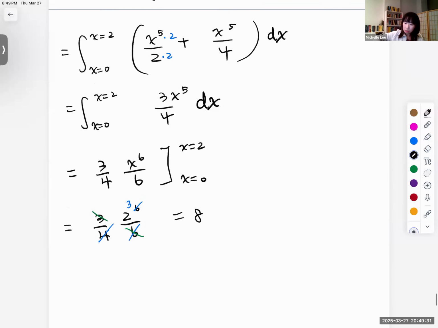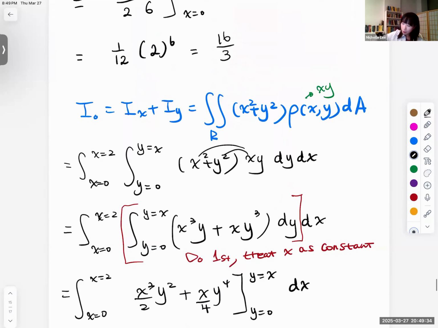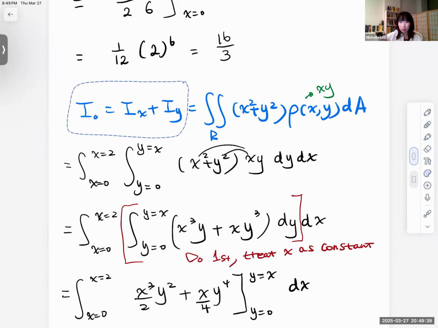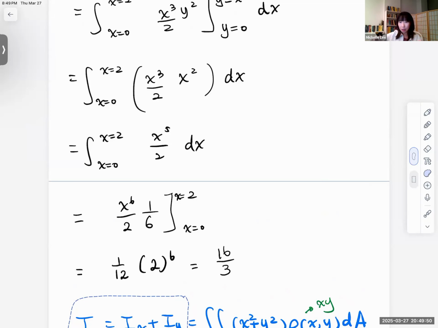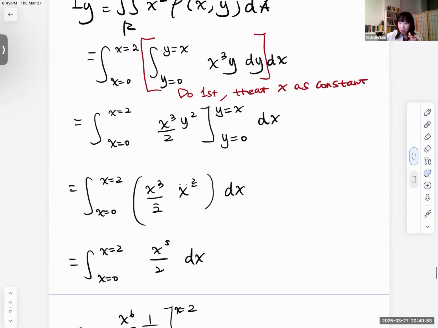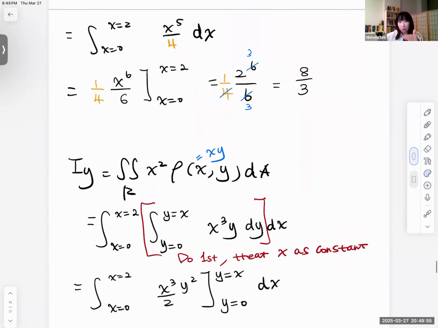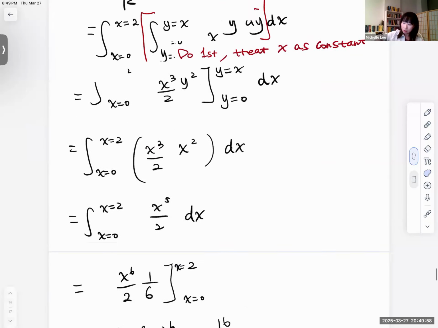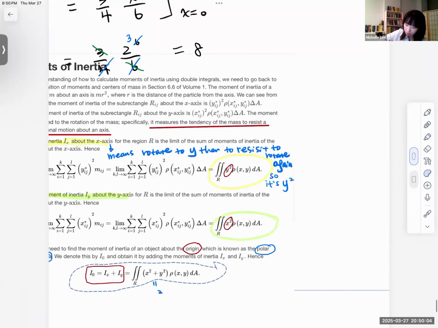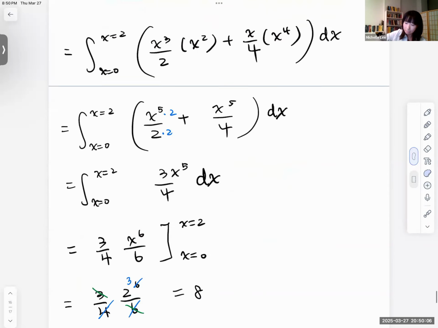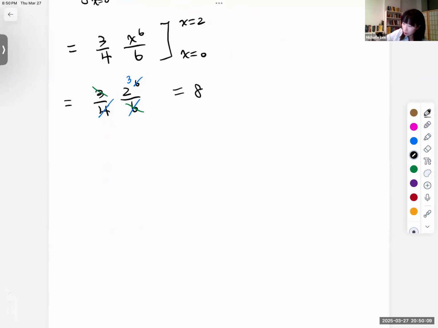All right, so we have the moment of inertia about the x-axis and the y-axis. We added them. So I have 16 over 3 about the y-axis there, and we have 8 over 3 about the x-axis. Check. Let me just write it down more easily.